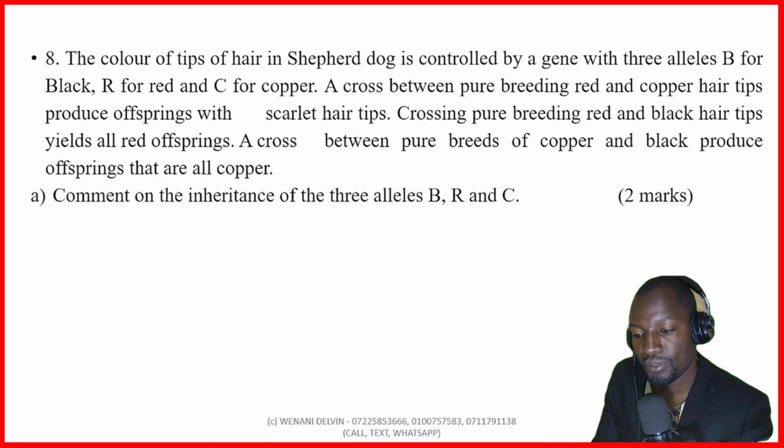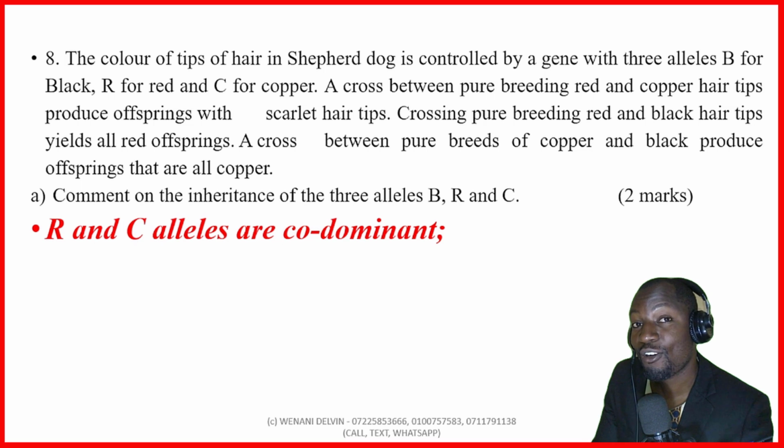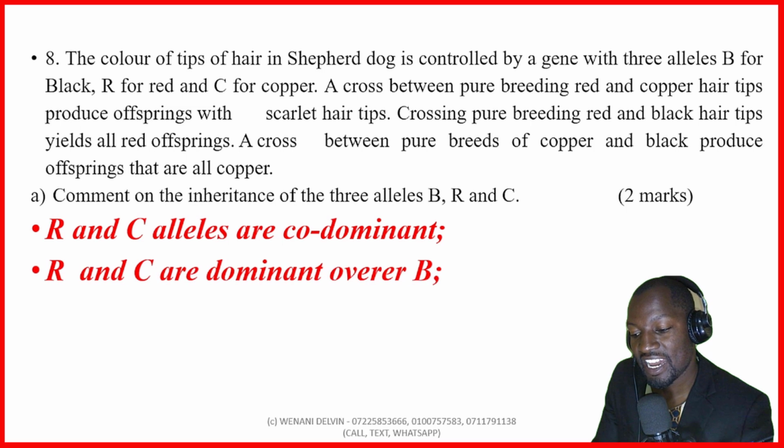But crossing pure breeding red and black hair tips yields all red offspring, and then a cross between pure breeds of copper and black produces offspring that are all copper. So I want to comment on the inheritance of the three alleles, B, R, and C. And this is: R and C are co-dominant, but R and C are dominant over B.